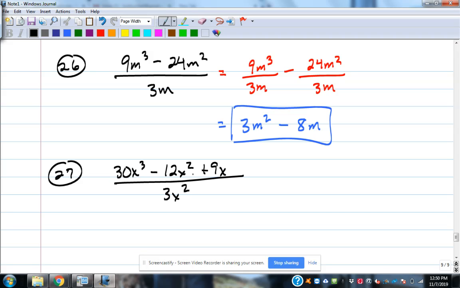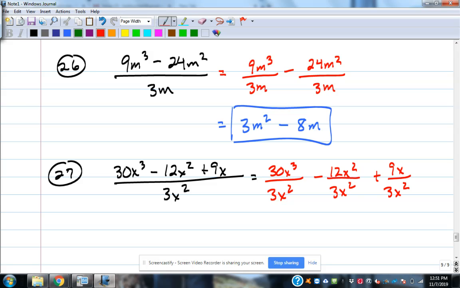3x squared on the bottom. Again, we're going to split that apart. Anytime we're dividing by a monomial, which is what we're doing today, we're not dividing by anything bigger than a monomial. We're going to take and split it into three fractions. So it's 30x cubed over 3x squared minus 12x squared over 3x squared plus 9x over 3x squared.